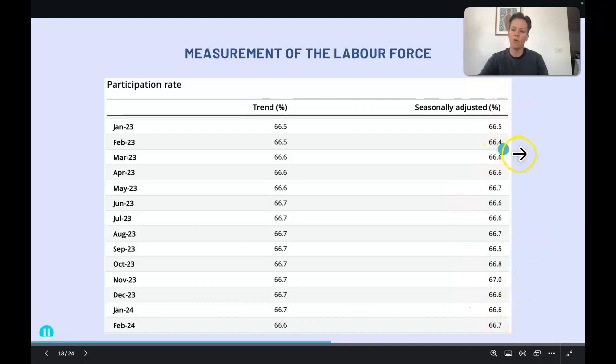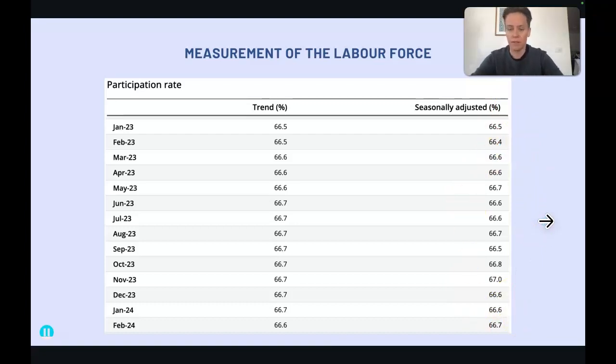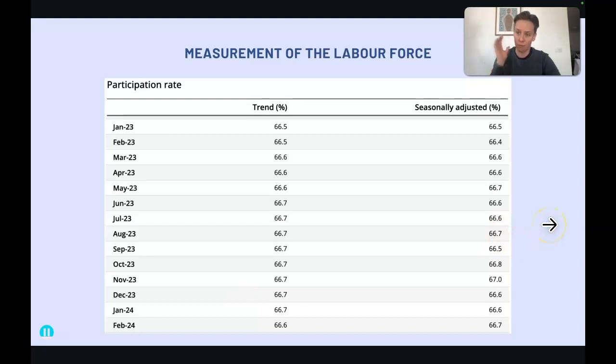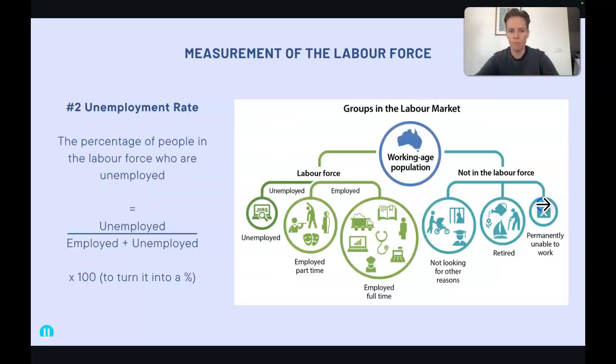So not a lot of movement in our participation rate, which is neither good nor bad, but it suggests that of everyone that is able and willing to work in that bracket of 15 to 65, we've got 66.7% of those people as at February 2024 that are in my labour force. So they're either employed or they're actively looking for work and they're unemployed.